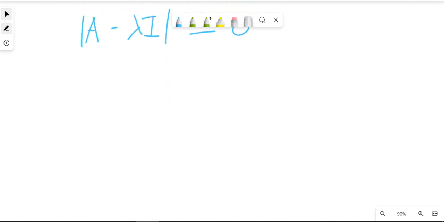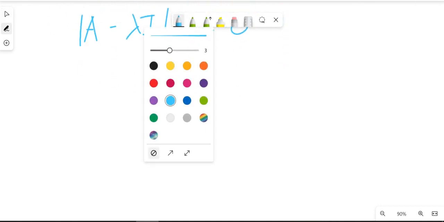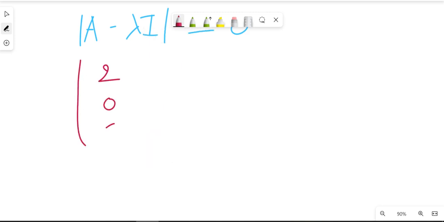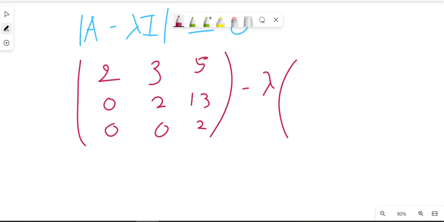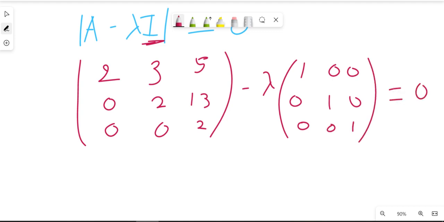Here A is given to us, and A is 2 0 0, 3 2 0, 5 13 2, then minus lambda I, the unit matrix, which is 1 0 0, 0 1 0 and 0 0 1, is equal to 0.